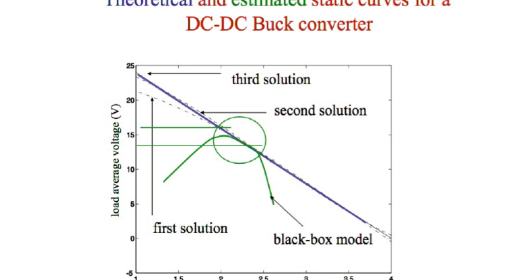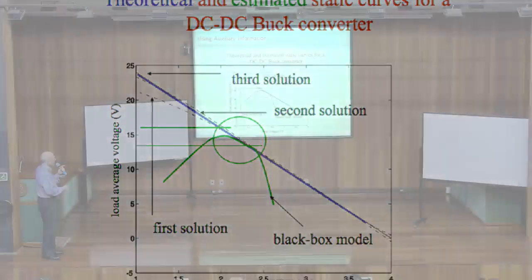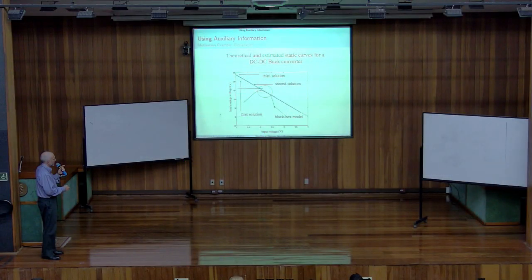However, the dynamical data are confined to a small region. So if I only have dynamical data, I cannot expect my model to behave or to have a good performance beyond this point. And in fact, that's what happens with the black box model.